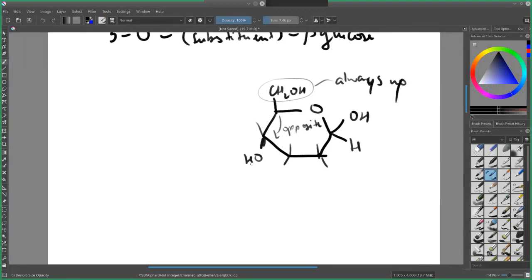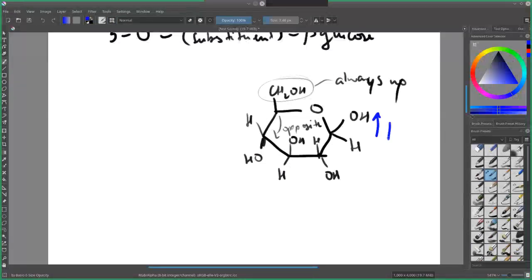So this OH next to it is going to be down because the OH over here is up. And from there, the next one is going up, then down, and then you have the anomeric carbon, where you need to remember whether alpha is up or beta is up. So in this case, beta is up.